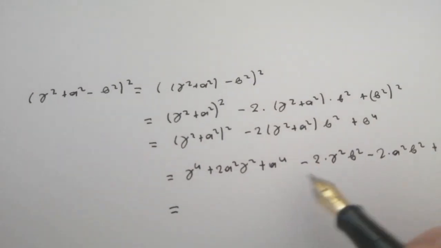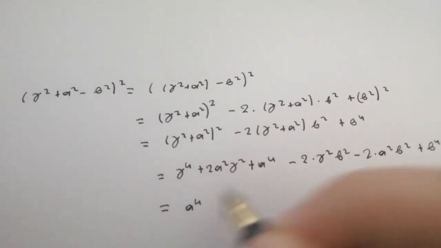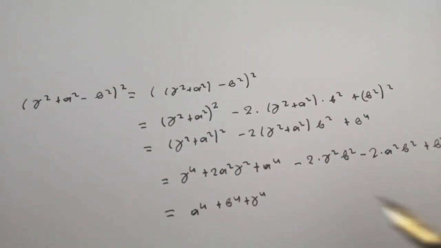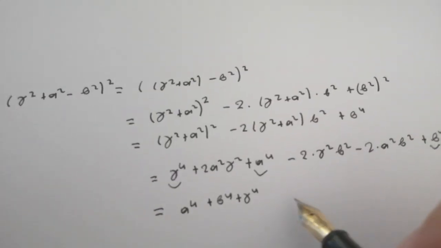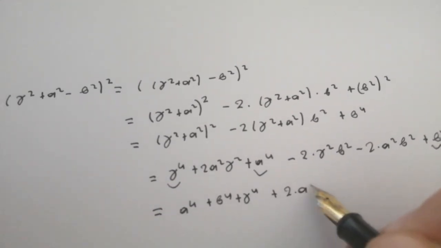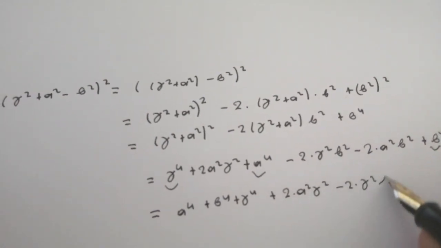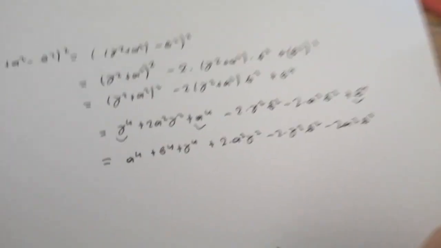Let's take the higher powers together. So let's take alpha to the power of 4 plus beta to the power of 4 plus gamma to the power of 4. We take these terms first, and we have plus 2 times a squared gamma squared minus 2 times gamma squared beta squared minus 2 times a squared beta squared.